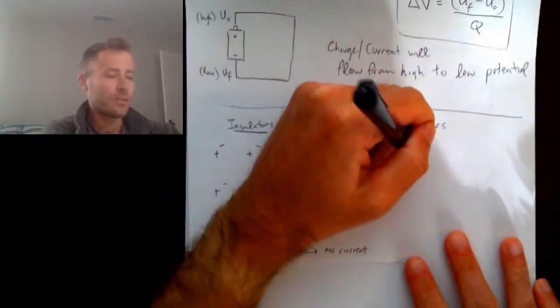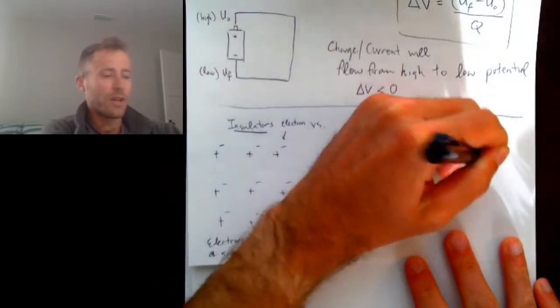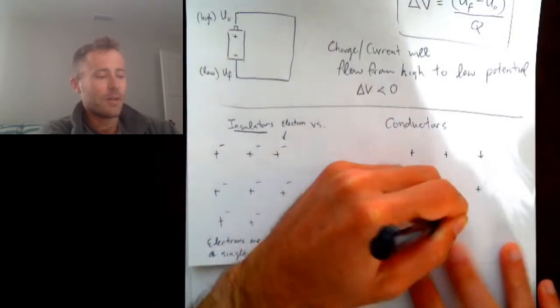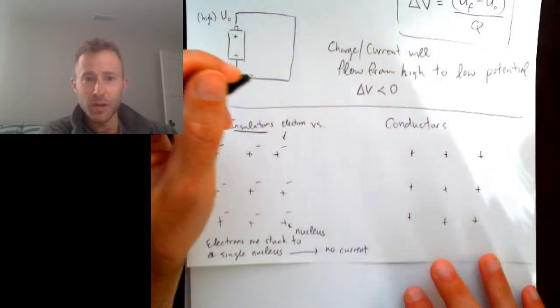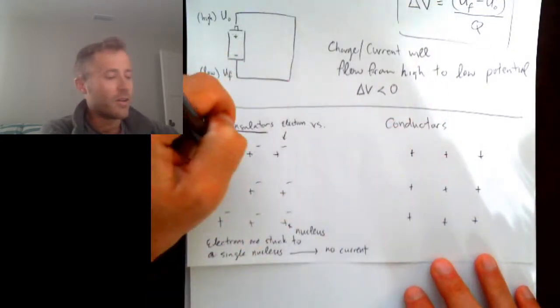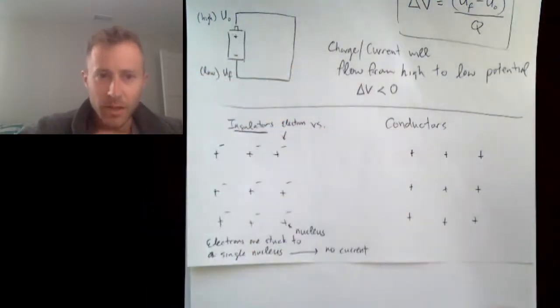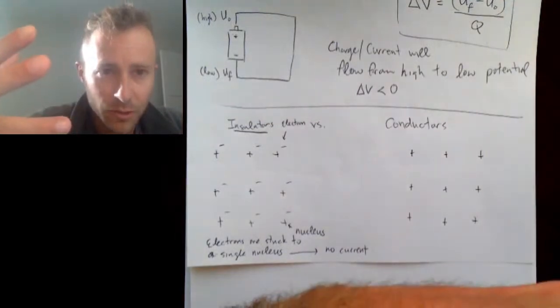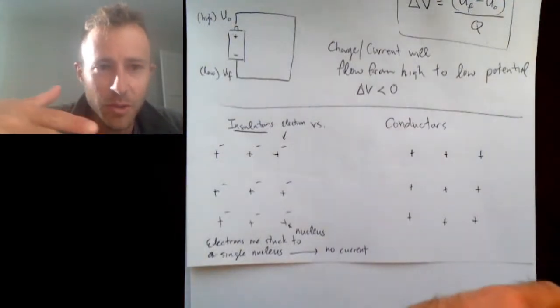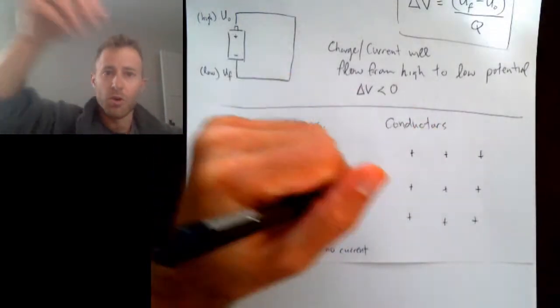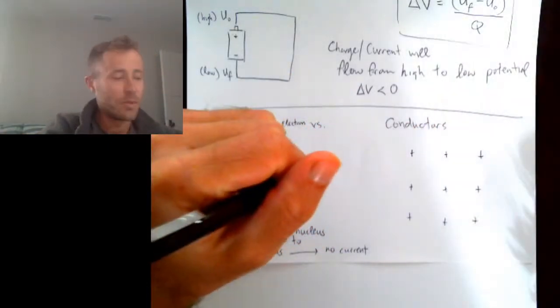Well, in a conductor, you still have the nuclei in a regular pattern like this, but conductors are materials where the electrons are not stuck. Well, I shouldn't say all of the electrons are unstuck, but at least some of the electrons from each atom are free to roam around the entire material.